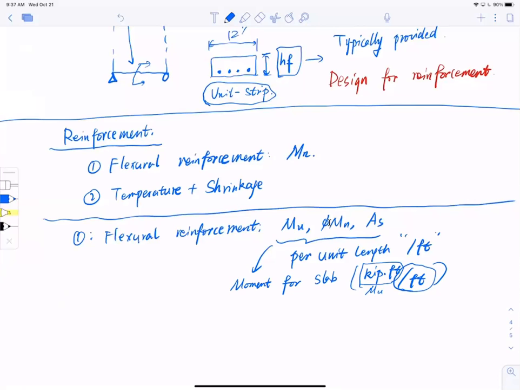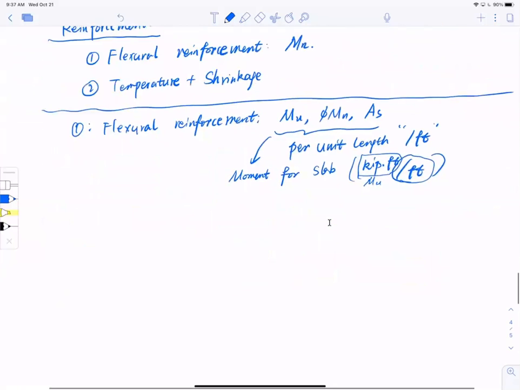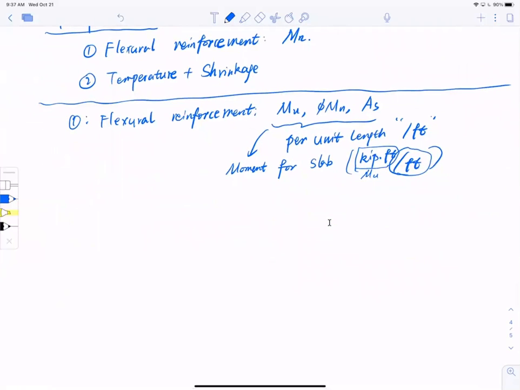Okay, so why is this critical? Because in the spacing, remember, we have to put bars. And that area of steel is not a single bar, 2 bars, 3 bars that we always see in sections. It is actually area per foot.